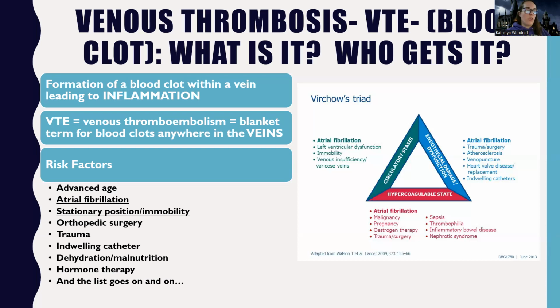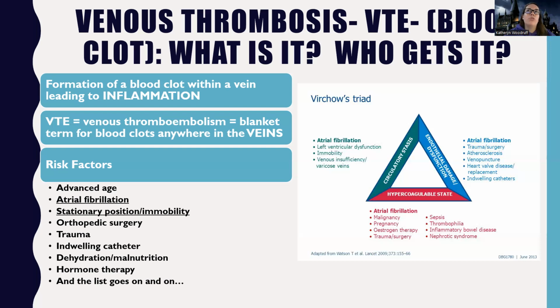This can be as a result of trauma or surgery, or plaques breaking down that inner lining, or having lots of pokes, inserting a lot of needles and catheters into the blood vessels. Any sort of indwelling catheter is going to put you at risk. I would also add maybe diabetes, things like that, which can lead to damage to those walls. And then there's being in a hypercoagulable state.